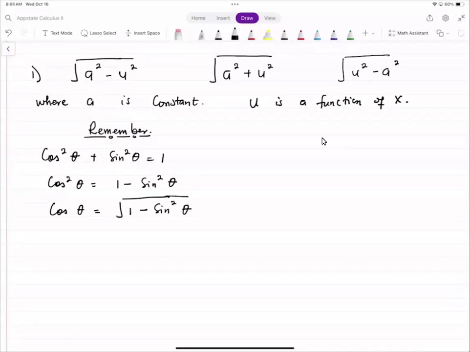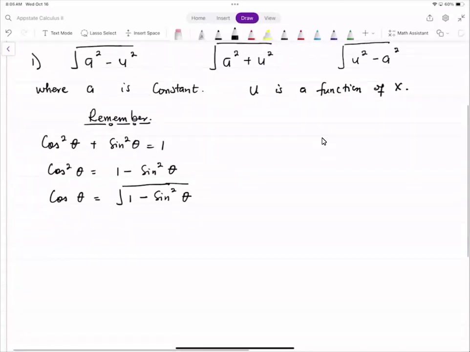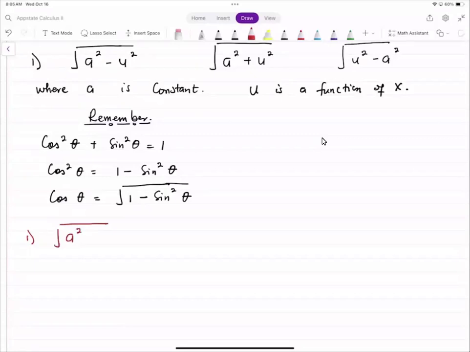And so if we have situations, let's look at the first situation, where we have a squared minus u squared, in this situation we are going to replace u with a sine theta.